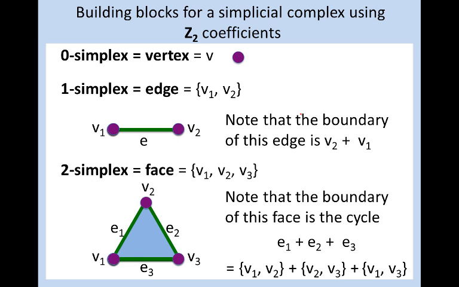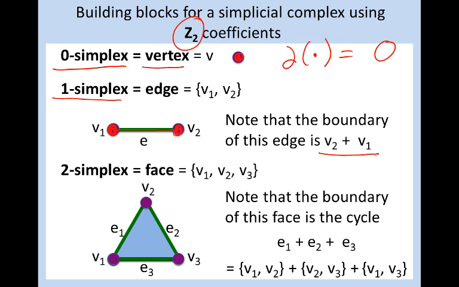So the building blocks for a simplicial complex using Z mod 2 coefficients will be unoriented. We can start off with 0-dimensional vertices, which we will call a zero simplex, where the boundary of a vertex is 0. We can also have 1-dimensional edges, also called one simplices, where the boundary of a 1-dimensional edge is the sum of its 0-dimensional boundary vertices, so we get V2 plus V1.